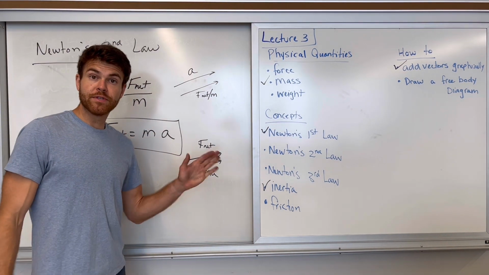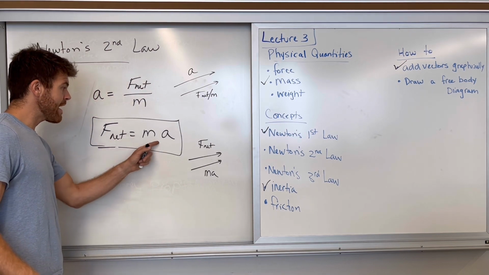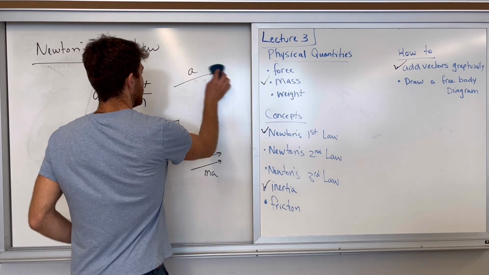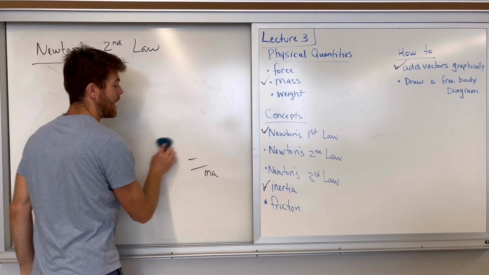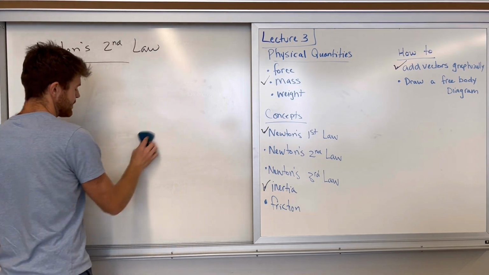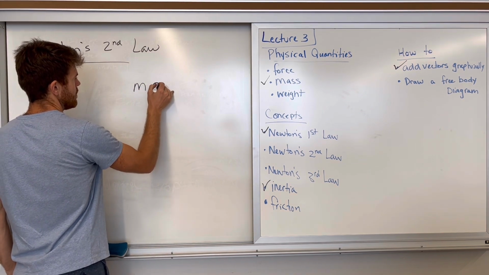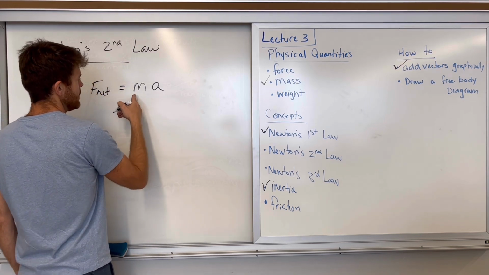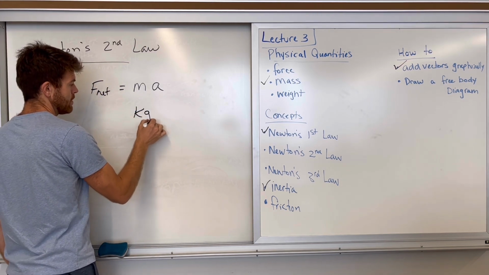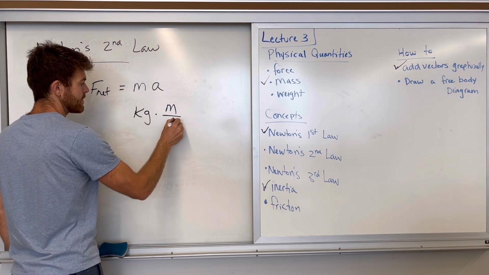With this, we can come to some idea of what the units of force are. Because if force is equal to mass times acceleration, then the units of force are going to be the units of mass times the units of acceleration. So the units of mass are kilograms, times units of acceleration, meters per second squared.